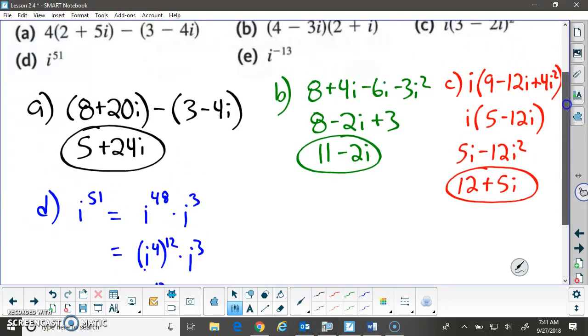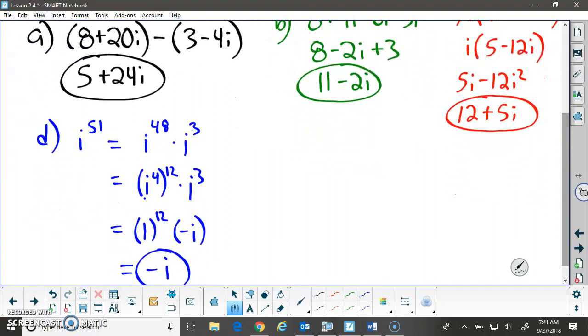The last problem here, we have a negative exponent. So I to the negative 13th. What I'm going to do here is break that apart into an I to the negative 16th times I to the third, because properties of exponents say we can add those two exponents and that would give us the negative 13.